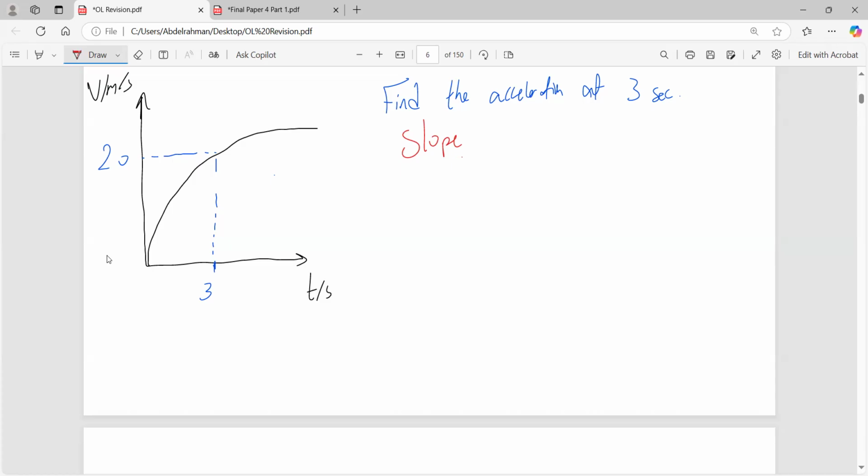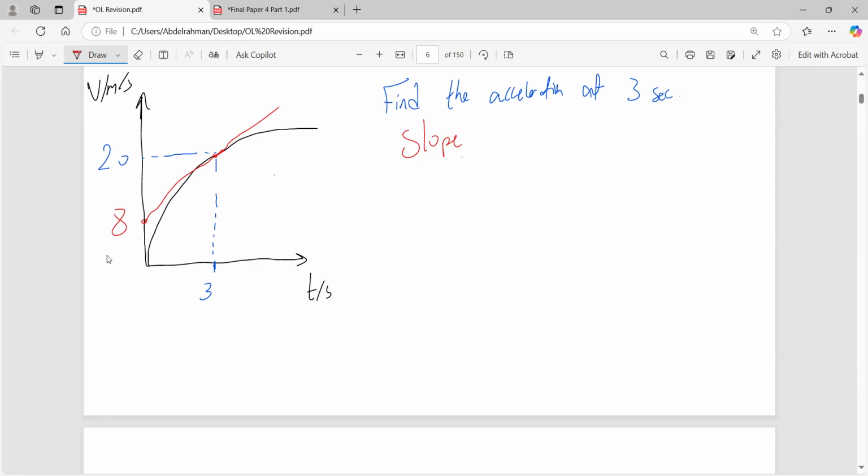Let's draw a tangent line. This could be a tangent line. Okay, this is the tangent line that I've drawn. For example, it ended at, let's give an easy number, 8.